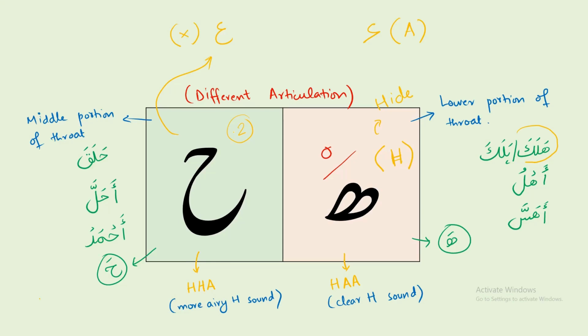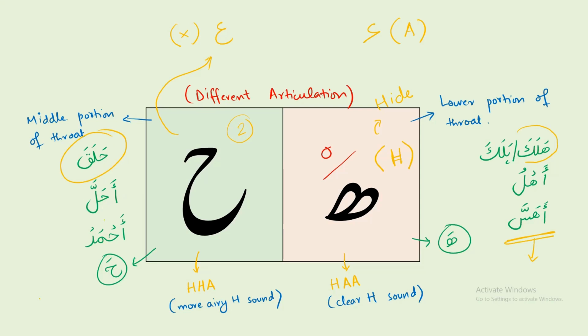Okay, so for the first ha, I said that is very simple. For the second, I said that it is a bit more airy, right? So that is the difference. For the second ha, let's take an example of this word here, which is halaqa, halaqa, right? So let's take another example of this first ha, which is hassa, ha sound.